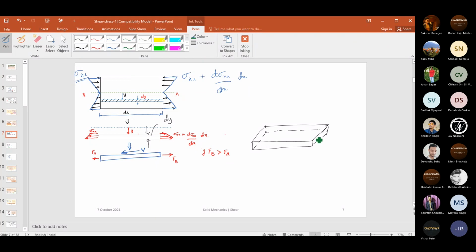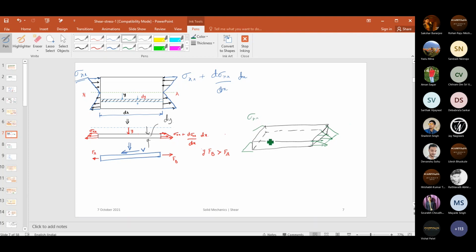We'll use some other diagram. See this one. So it will be acting like this, and similarly it will be acting like this. Now this is sigma xx.